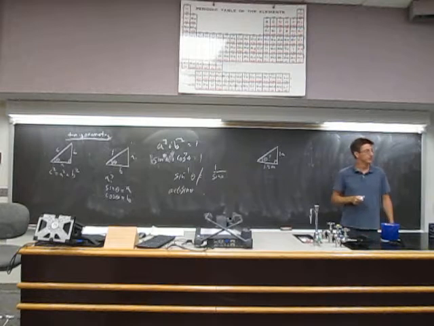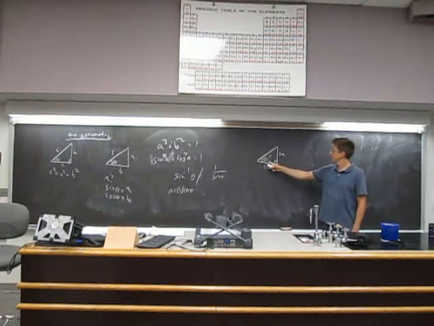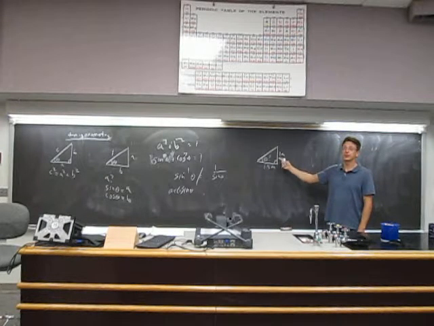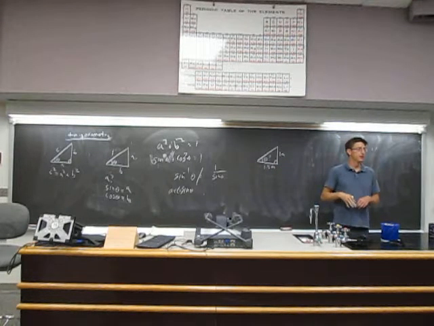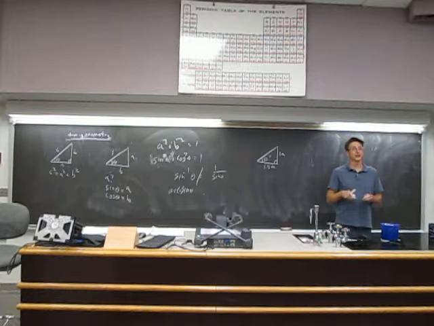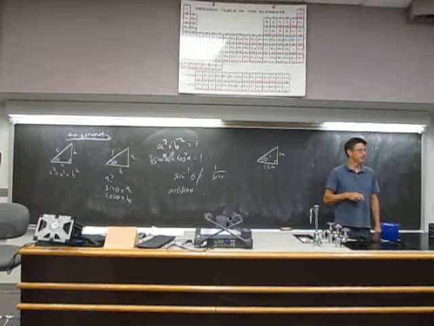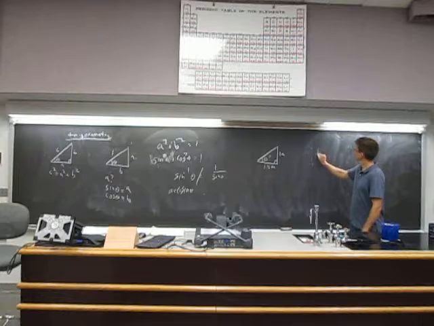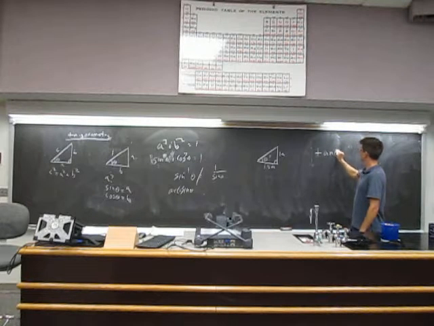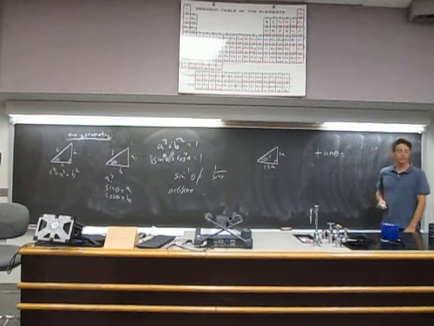There's a bunch of ways to do this, but if I know two side lengths on a triangle and I want to get an angle, I'll look for the trig function that has those two side lengths in its definition. So in this case, I know that tangent of theta is opposite over adjacent.